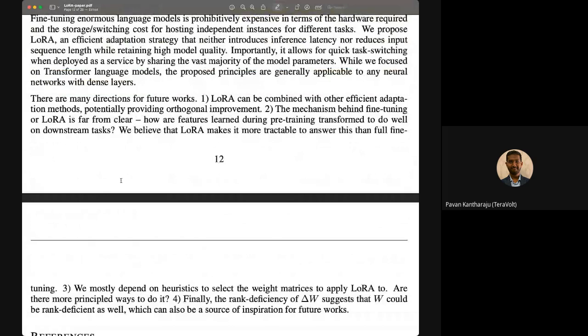It's unclear how to choose the weight matrix to actually adapt, and finally, you can also look at whether or not the actual pre-trained weights are rank deficient as well. So that's essentially the end of the LoRa paper here.